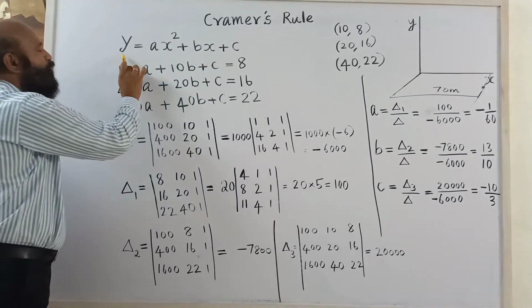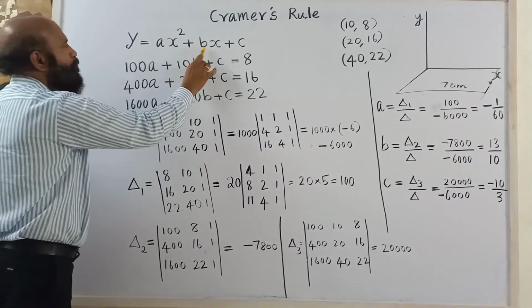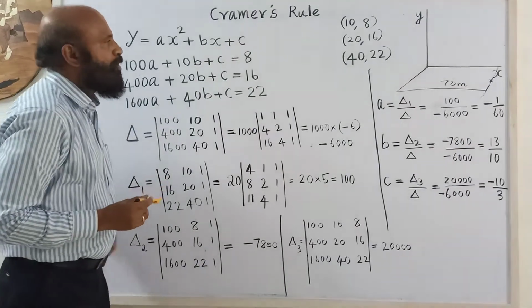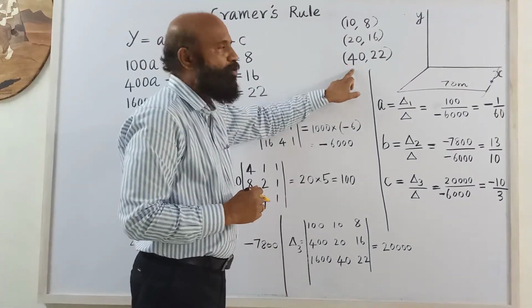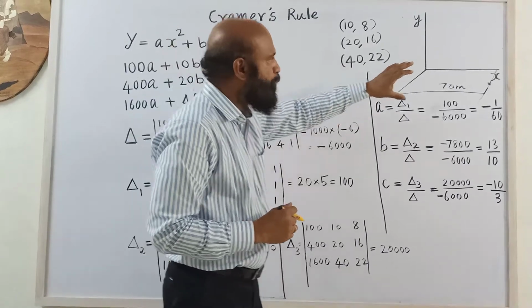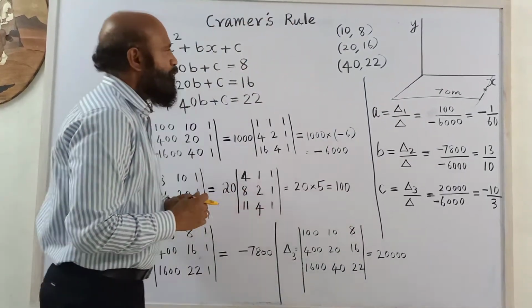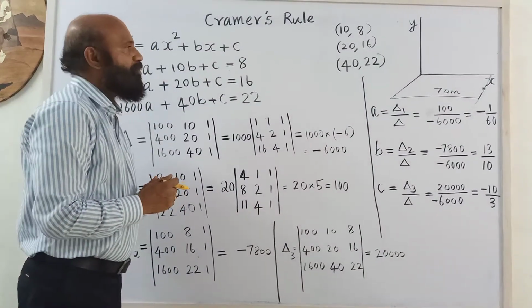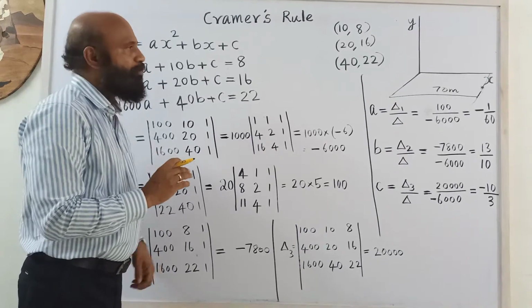So this is the equation of the path: y is equal to ax square plus bx plus c. Then these are the 3 points through which the ball is moving. The ball is moving with respect to the xy plane, and you have to decide whether the cricket team won the match.